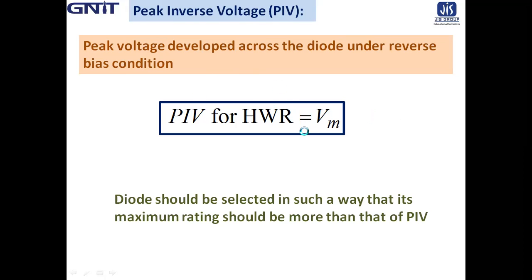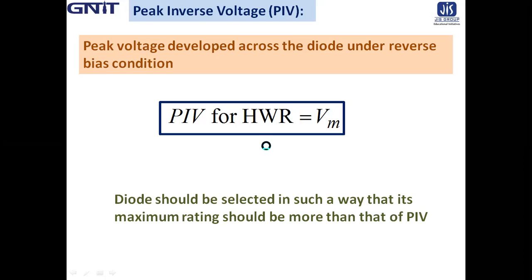Now, what is the significance of choosing PIV? Actually, PIV determines the maximum voltage across the diode in the circuit. The selection of the diode also depends on its PIV.